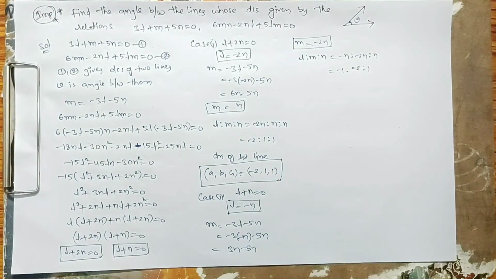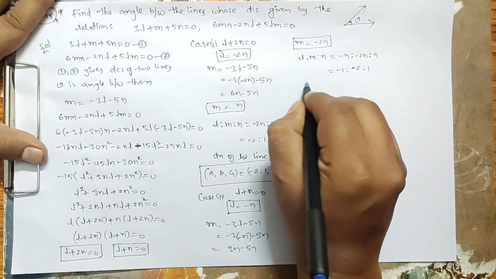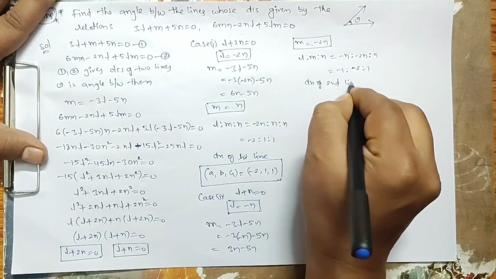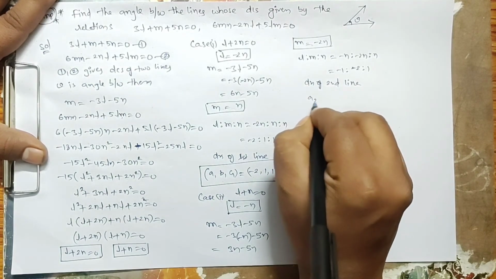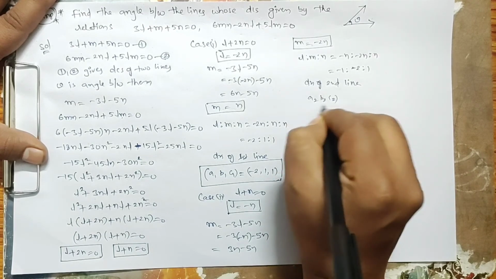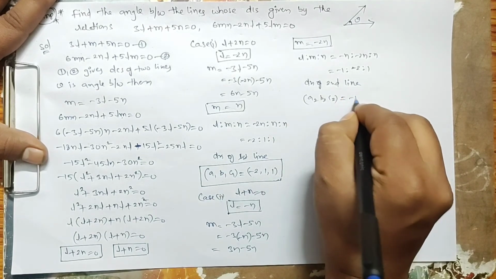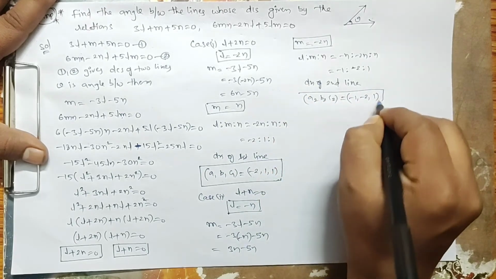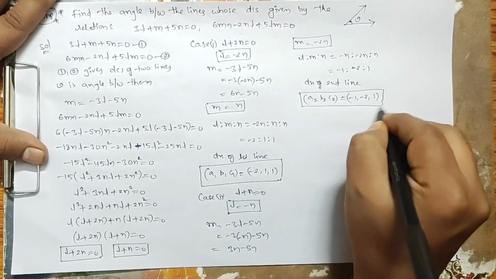Therefore take these as the DRs of the second line. DRs of the second line are A2, B2, C2 is equal to -1, -2, 1.